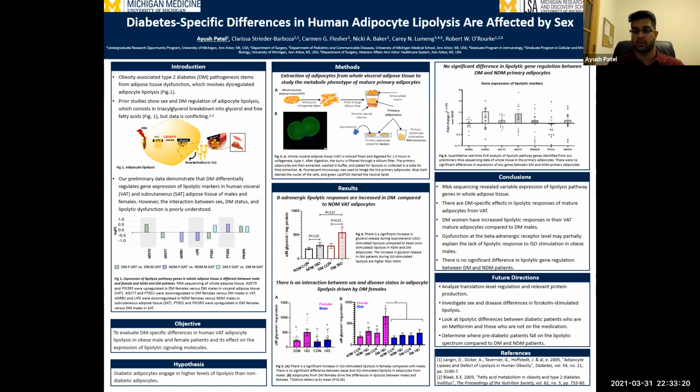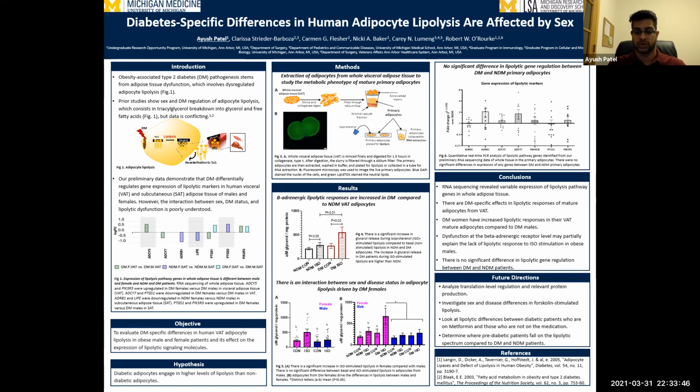And this is very important because it suggests that there is some sort of dysfunction at the beta adrenergic receptor level in diabetic males or in obese males at the very least. And this is basically causing a lack of lipolytic response to isoproterenol stimulation. And so that's our biggest takeaway from what we found.